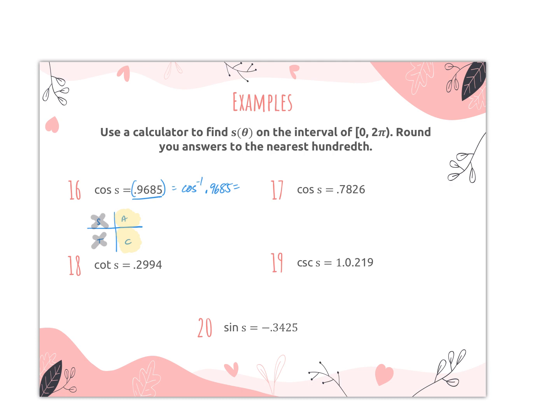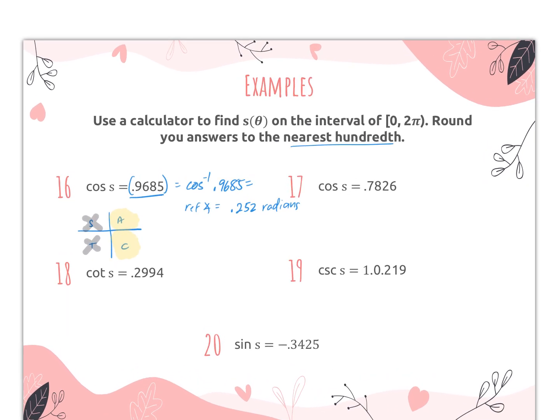So 0.9685 inverse cosine is going to equal 0.252, as it tells me to round my answers to the nearest hundredth. So 0.252 is going to be my reference angle. This is 0.252 radians. That's the answer that I've got. That's my reference angle.